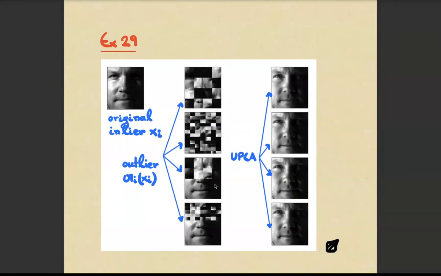Then we can have a partial permutation with bigger chunks, or a partial permutation with smaller chunks. And we do this only for a part of the columns. And then we apply this UPCA algorithm that I described, and here's the result. As you can see, the recovery is pretty good.